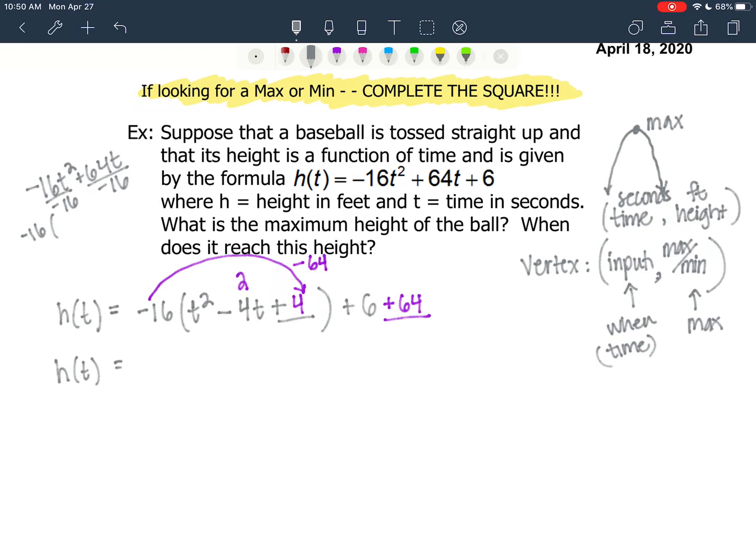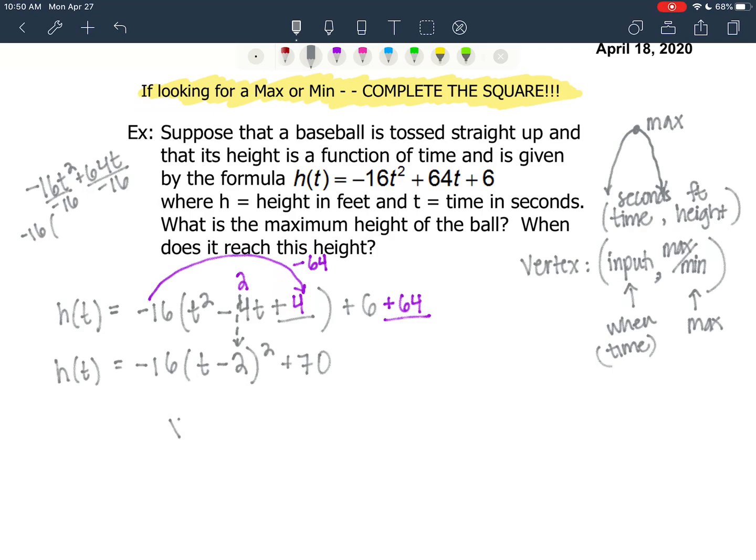So h of t is equal to negative 16 times t minus 2 quantity squared, that 2 comes right there, plus 70. This is where what we did in our previous lessons in completing the square is really important. This should be pretty darn smooth.